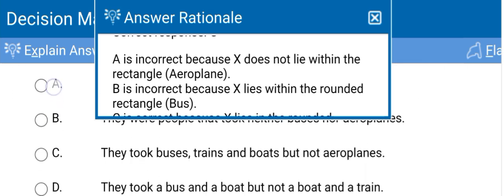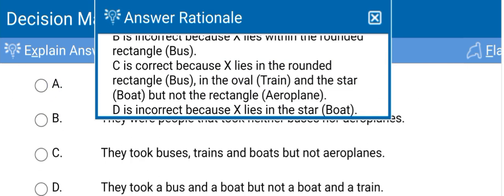And then option C is correct because X lies in the rounded rectangle, that is bus, in the oval, that is train, and the star, that is boat, but not the rectangle, that is aeroplane.